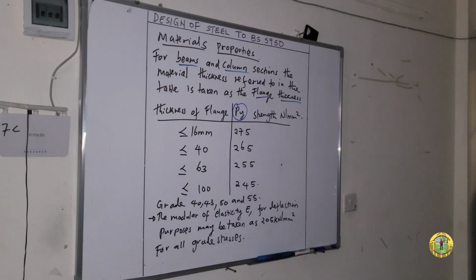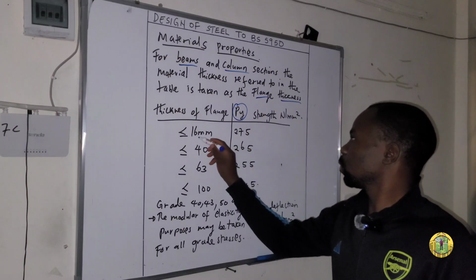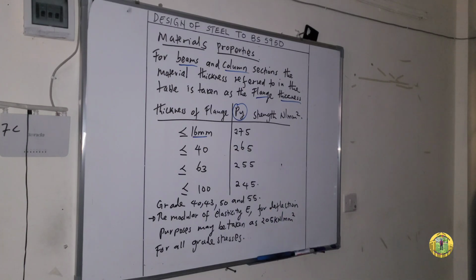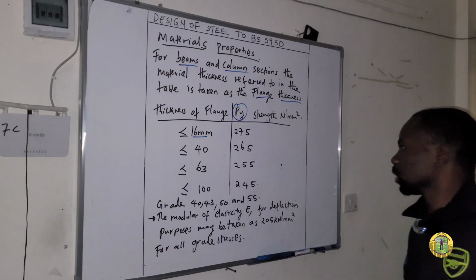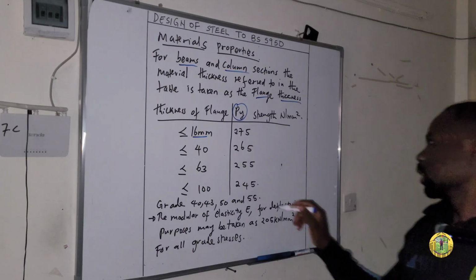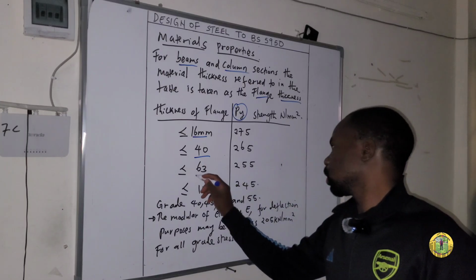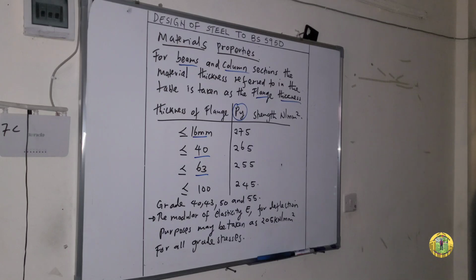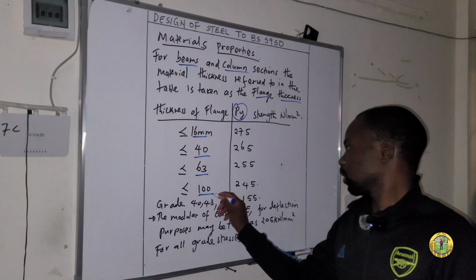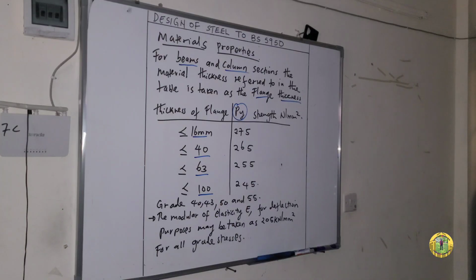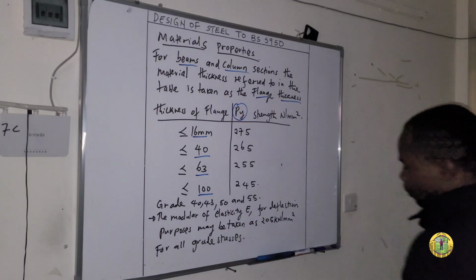So we have 275 when the thickness is less than or equal to 16 millimeters. You have 265 when the thickness of the flange is less than or equal to 40 millimeters. You have 255 when the thickness of the flange is less than or equal to 63. Then we have 245 when the thickness of the flange is less than or equal to 100. This applies to grades 40, 43, 50, and 55.